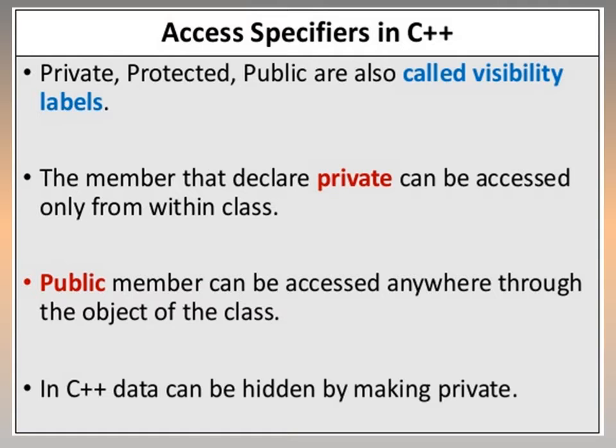As I said, if we have an object of any other class, then by using that object we can access the public members. In C++, data can be hidden by making it private. If you want to hide the data for security purposes, then you have to declare that data under the private access specifier.